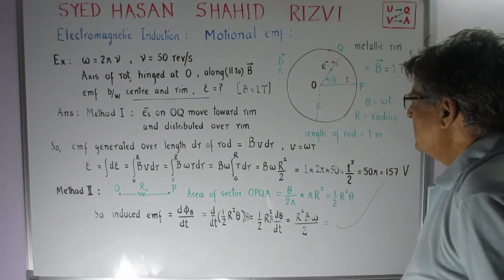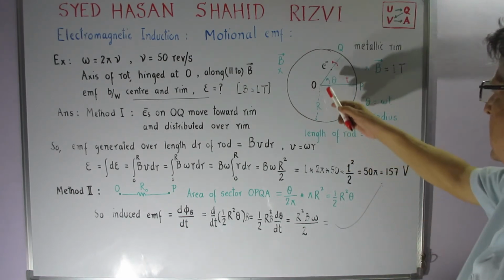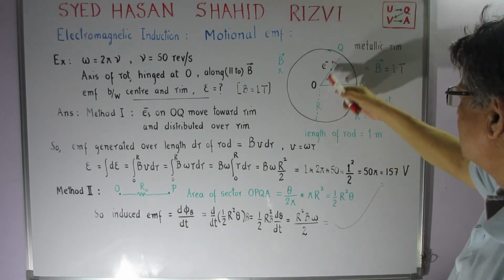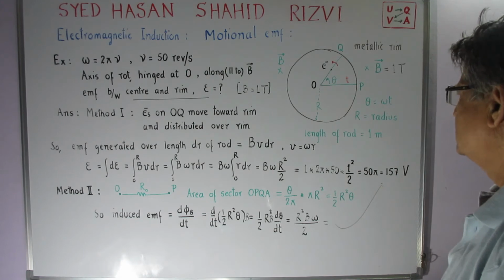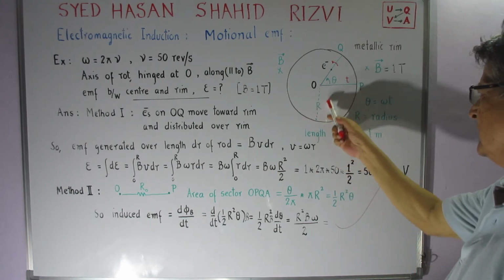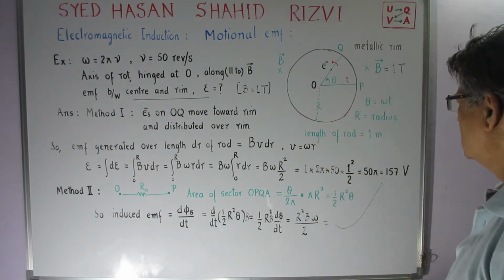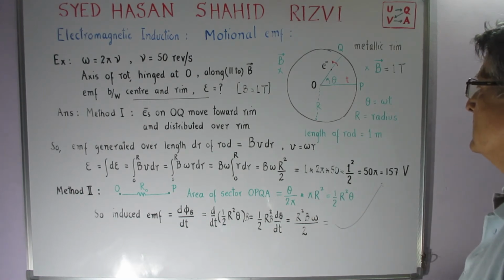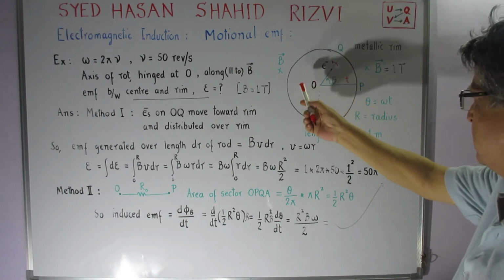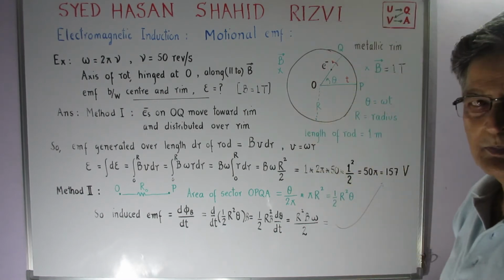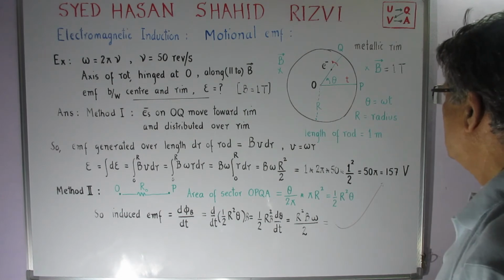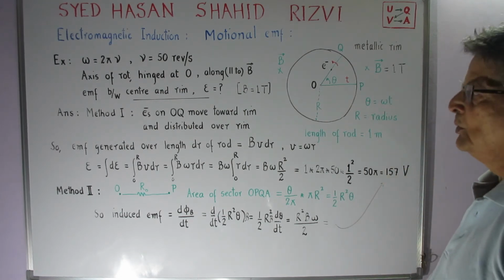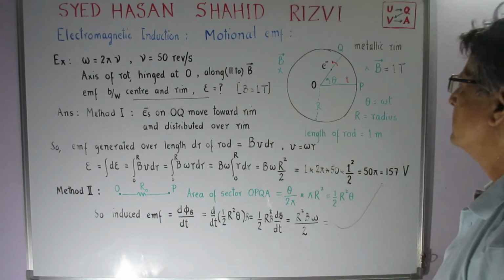So I have made this schematic. The length of the rod is 1 meter, and the radius over here therefore is also equal to 1 meter. Because this is a uniform kind of motion, theta is equal to omega t, where omega is equal to 2 pi nu, like shown there.